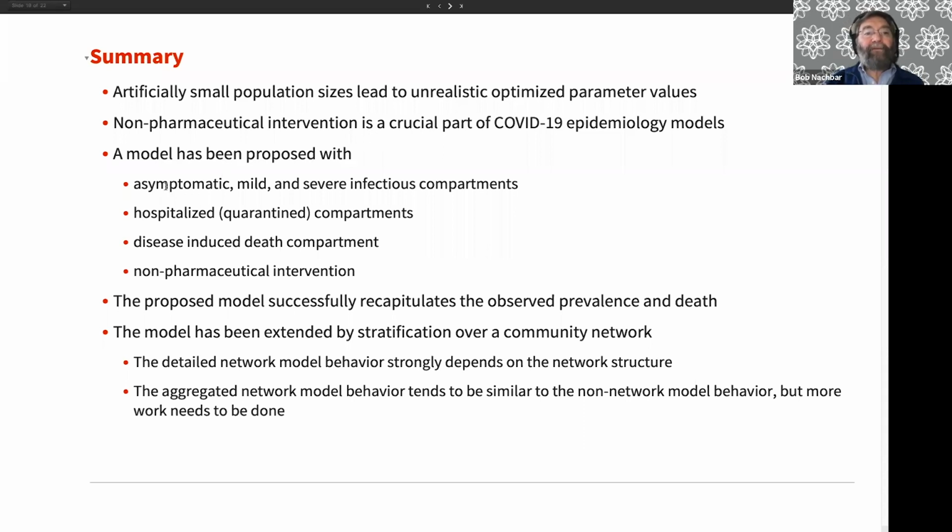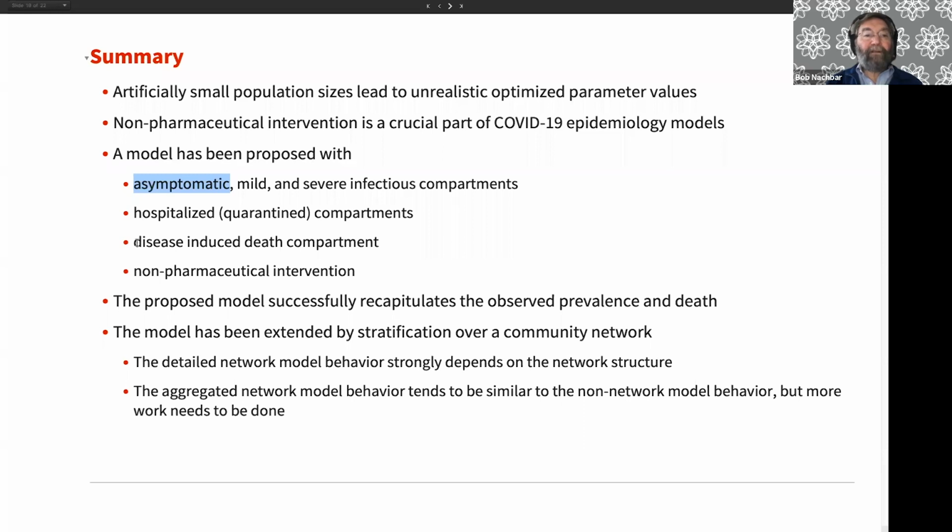It's important to have asymptomatic in the model as well as different levels of severity. Quarantine, I think, is important because once people are hospitalized, they're not out circulating. And the asymptomatic is very important.